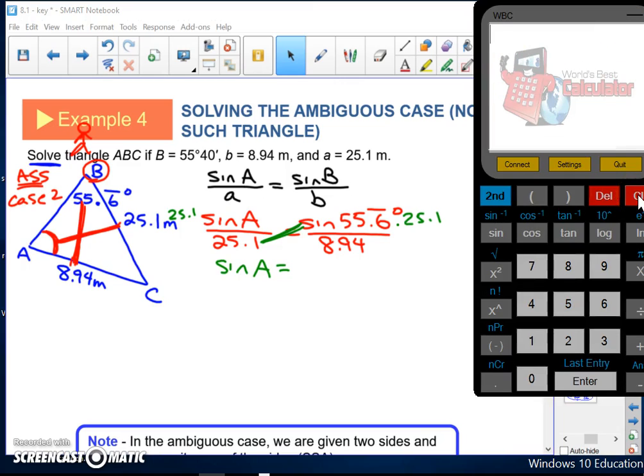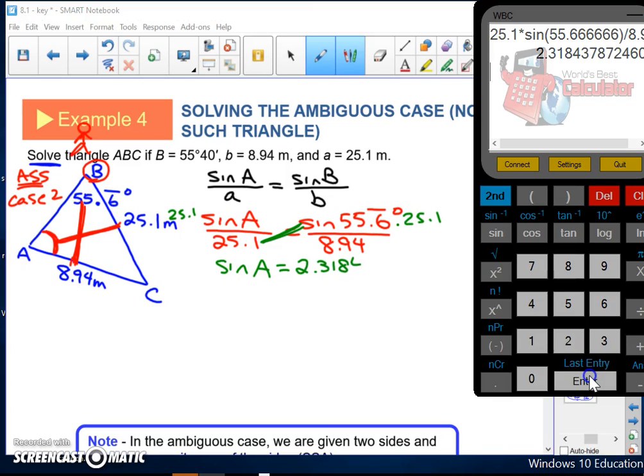We're going to do 25.1 times sine 55.6 repeating divided by 8.94, and get about 2.318. So sine A equals 2.318437872. I don't really want to round off until the end of the problem.